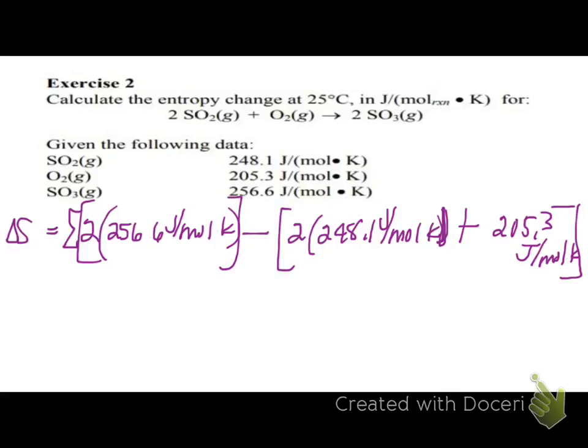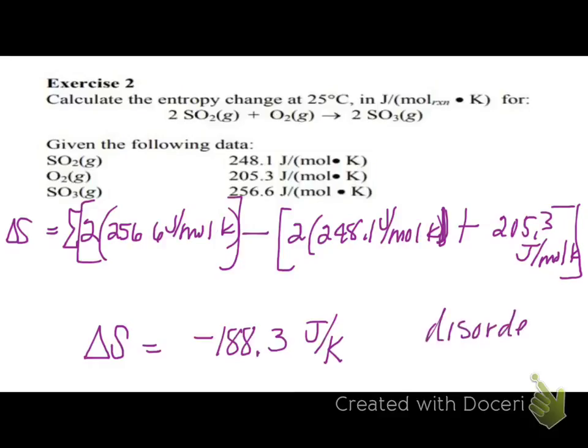Okay? So we put all that in our handy dandy trusty little calculator, and we should get that delta S is equal to a negative 188.3 joules per K. So what happened to our disorder? It's becoming more orderly.